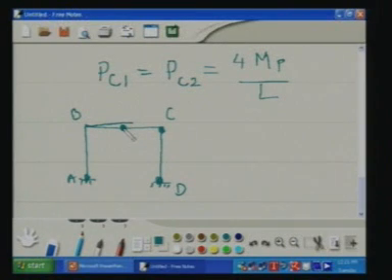Again the value of moment at this place will be equal to twice MP, because the plastic moment of the beam is twice MP. The value of moment at joint C will be equal to MP, and the value of moment at point D will also be equal to MP. The only point which remains to be calculated is the value of moment at point B.